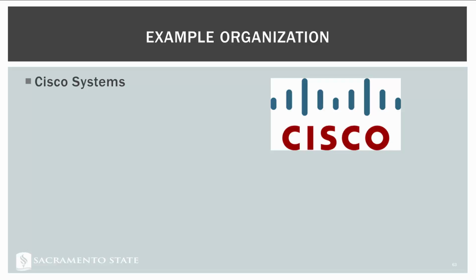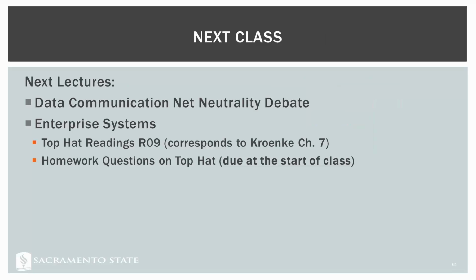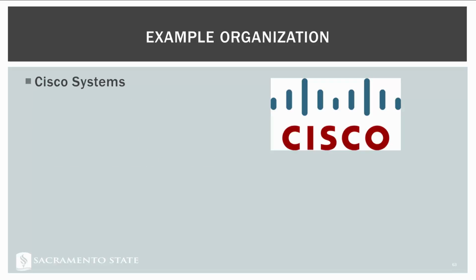For a while there, they were the largest market cap company in the world, but they've fallen off a little bit, though they're still large. And they're a really interesting organization because they grow mostly through acquisitions at this point. They've been acquiring some really interesting companies and started to move towards the Internet of Things more and more. We'll talk more about that as part of some of our other discussions.